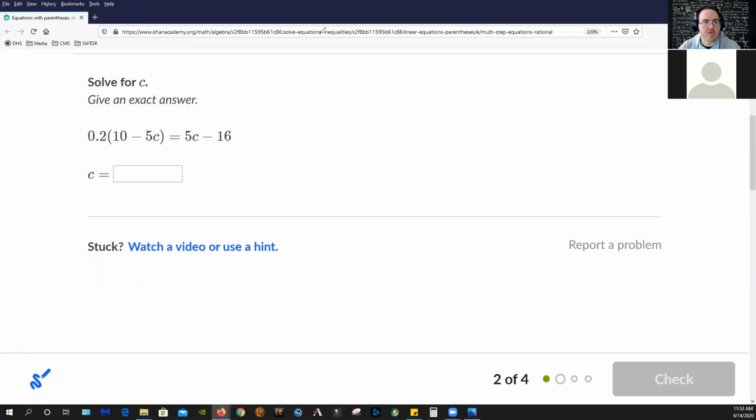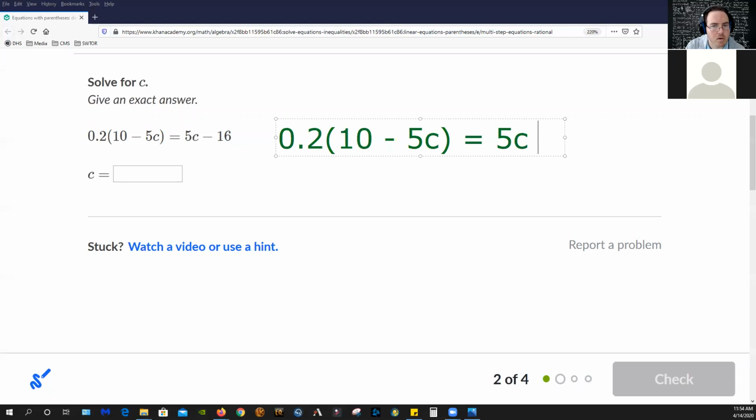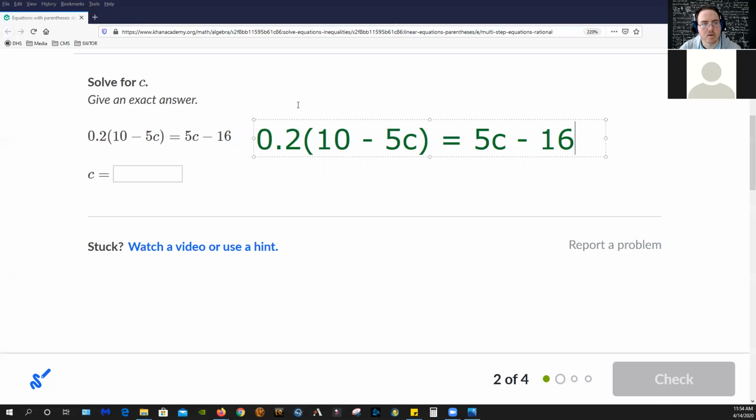Okay, so I need everyone to write this down on paper and see what you get. Now, this one is a little more technical. It's the exact same skill, except they just put in decimals. Start working on this.